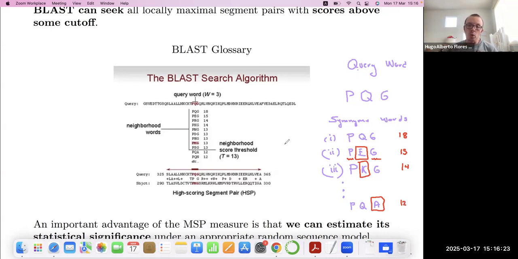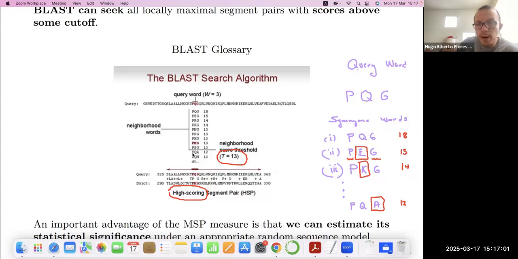So as you may see, based on this cutoff, that is 13, here I'm seeing some words that are not really high scoring. So if I don't get a high scoring word here, I can say, okay, since in this bunch I cannot find three letters that generate a score greater than this threshold, I would put this sequence out.